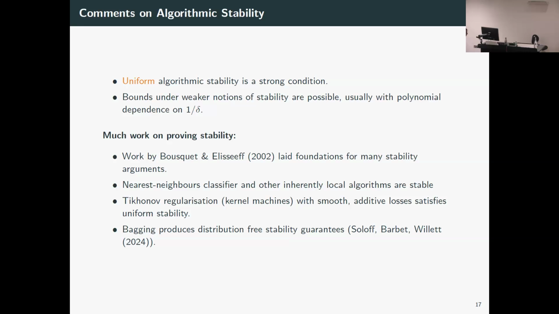The only assumptions you make about the loss part are that it has to be smooth, a Lipschitz assumption with respect to the sup norm of the prediction, the hypothesis, and you need this kind of additive structure.